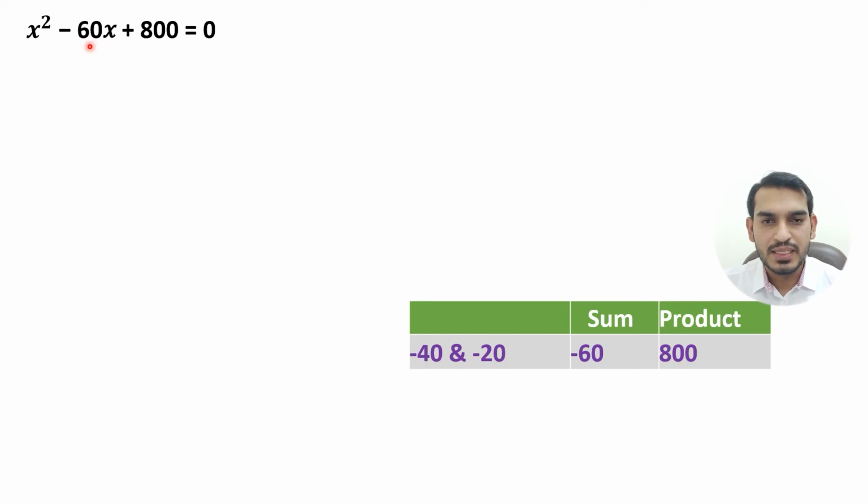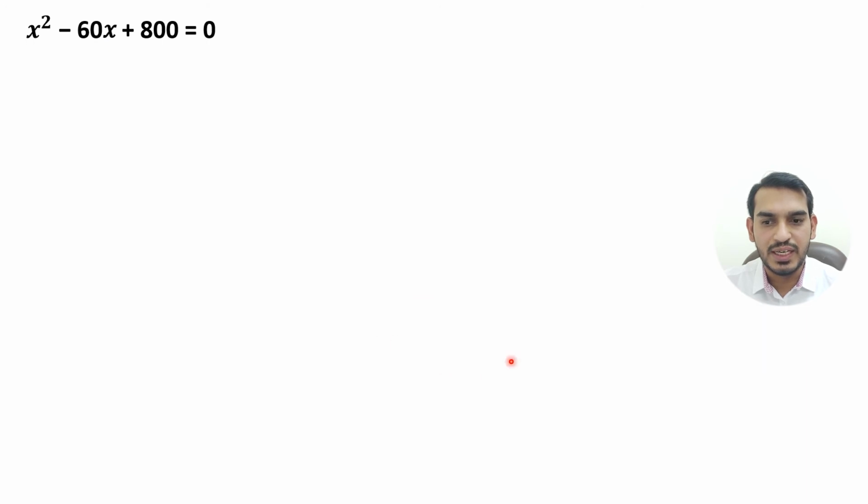So we can replace the middle term minus 60x with minus 40x and minus 20x. So x square minus 40x minus 20x plus 800 is equal to 0. Now from the first two terms we can take x common and from the last two terms we can take minus 20 common.